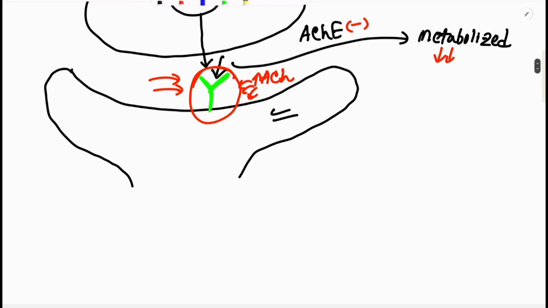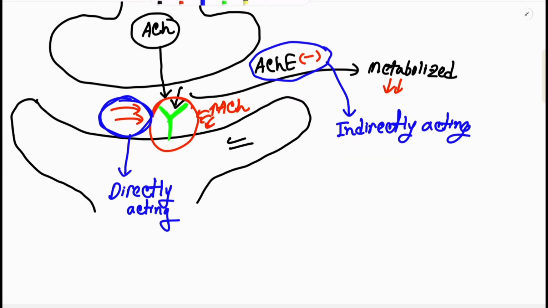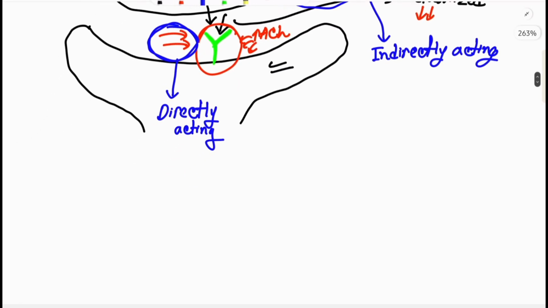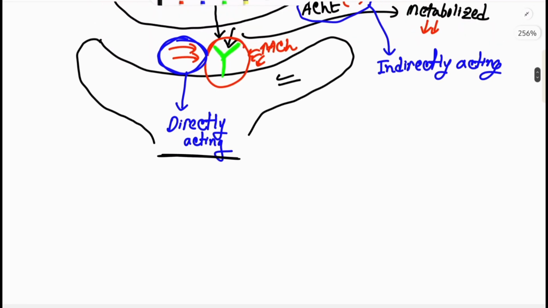The drugs which directly stimulate the acetylcholine receptor are called directly acting cholinomimetic drugs, and another group of drugs which inhibit acetylcholine esterase are called indirectly acting. So at first we will discuss drugs which directly act on the acetylcholine receptor.